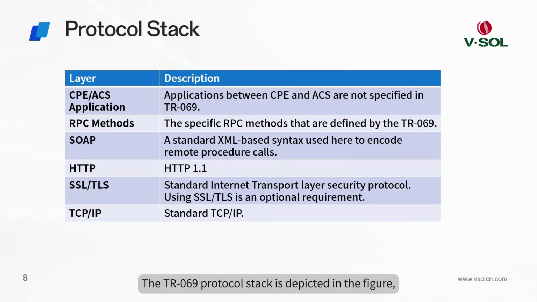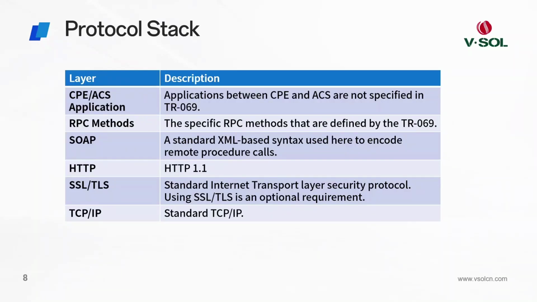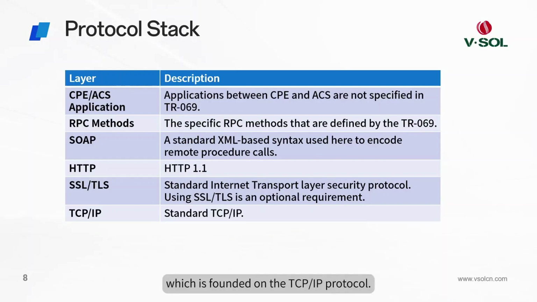The TR-069 protocol stack is depicted in the figure, which is founded on the TCP or IP protocol. SSL or TLS is not compulsory and is employed to ensure certificate-based authentication between ACS and CPE.